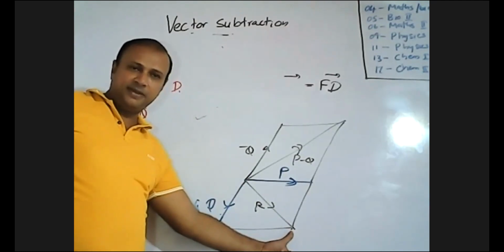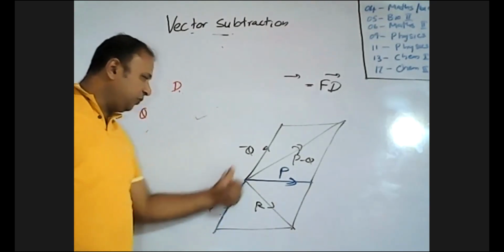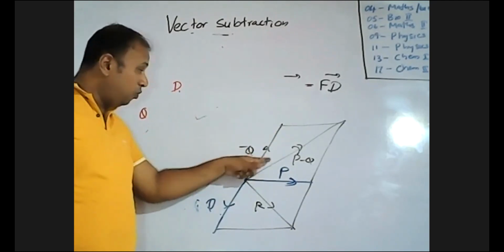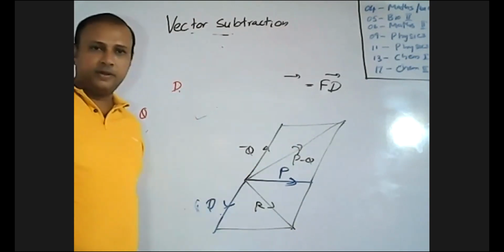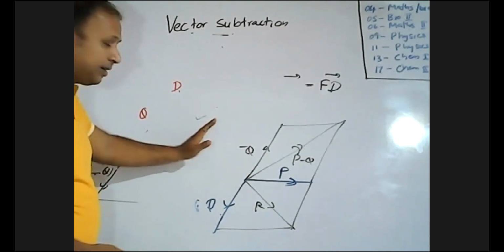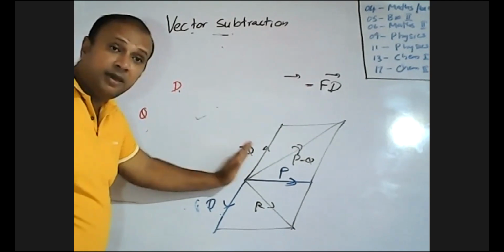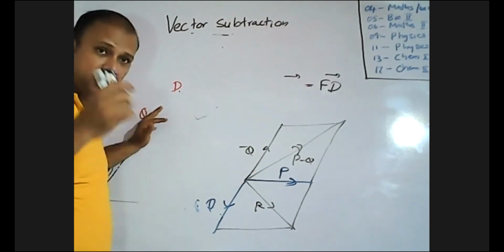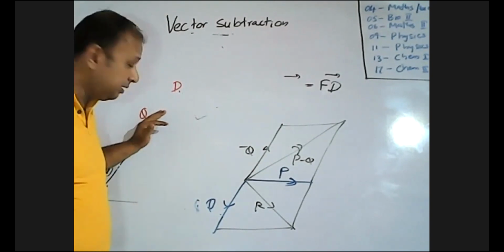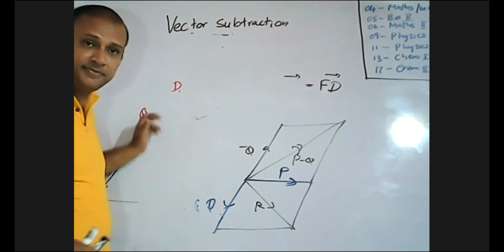Therefore, minus Q is now in this direction. Now P minus Q is in this way. Okay. So don't compare this paragraph and the previous one. Don't compare these two. Those are two totally different cases.